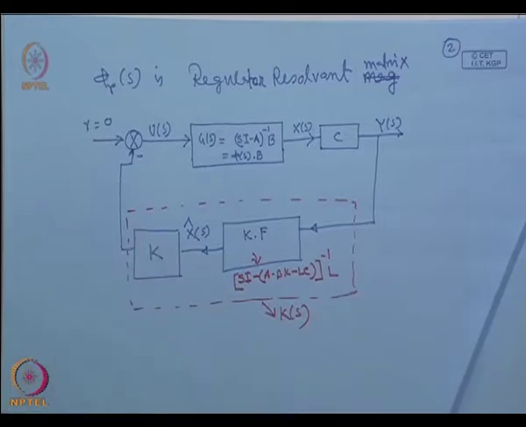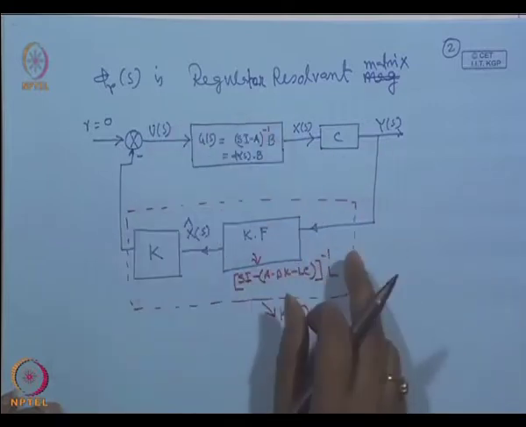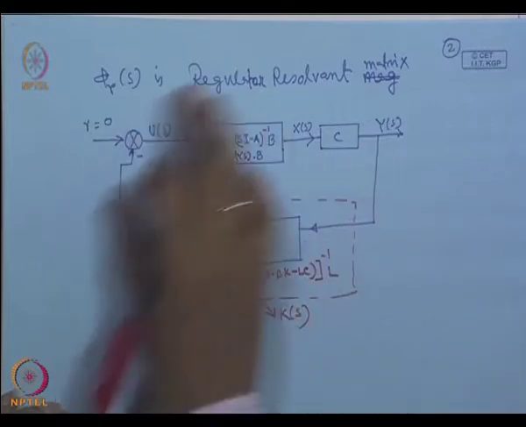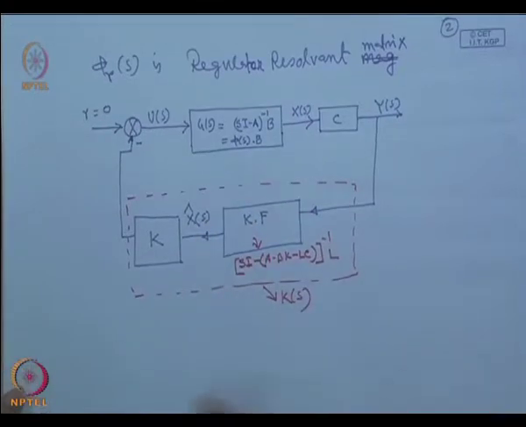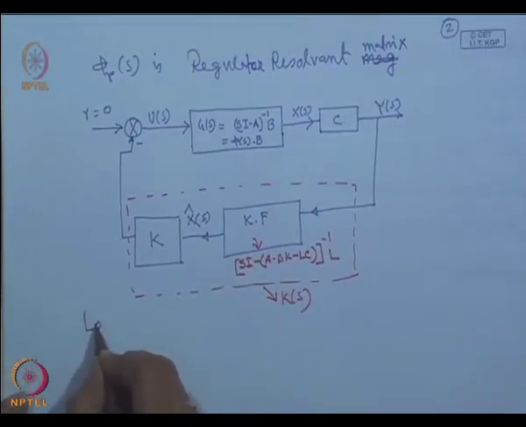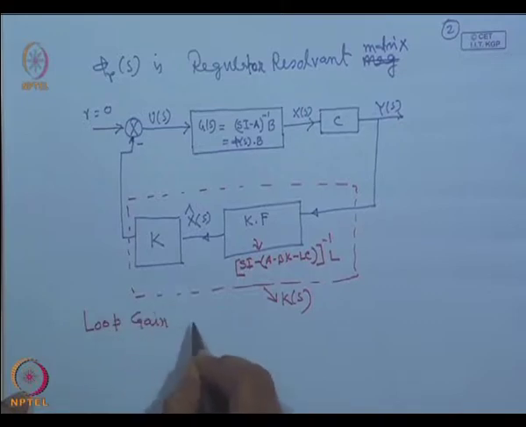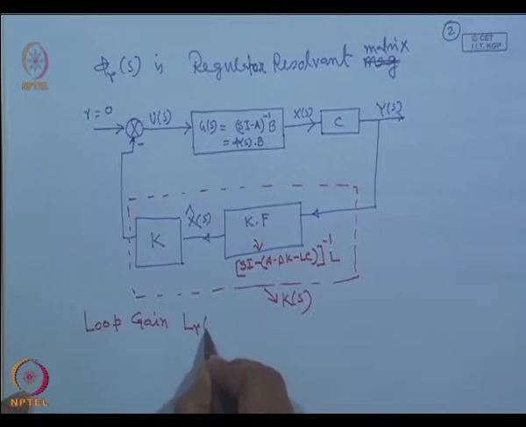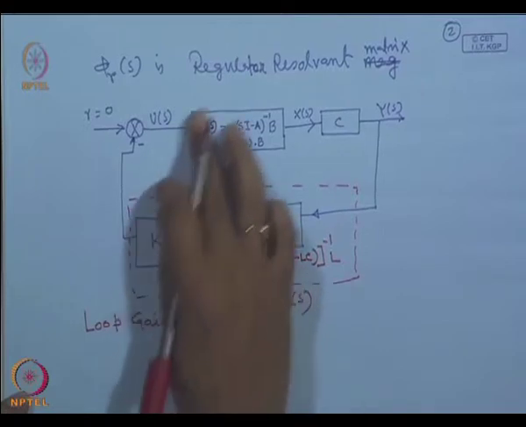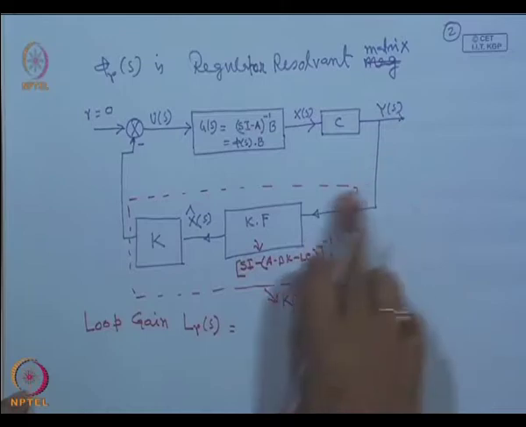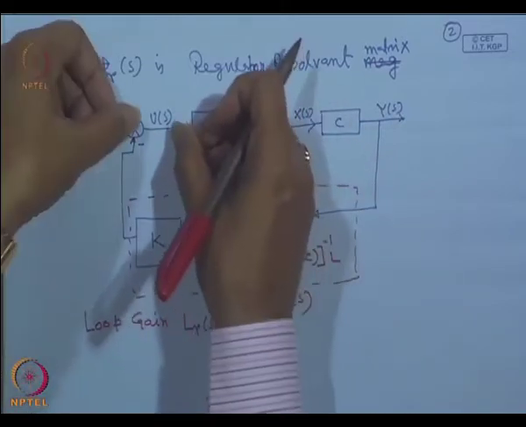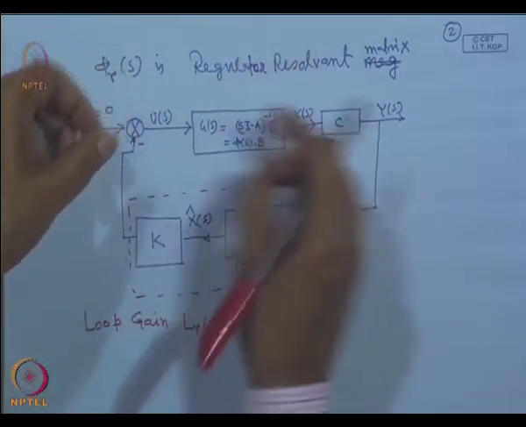So now find out the loop transfer function for this Kalman filter based controller. If you consider the loop gain, let us call it L_R of S, we use it from here to here. If you just move it here, you break this loop and find the loop transfer function.